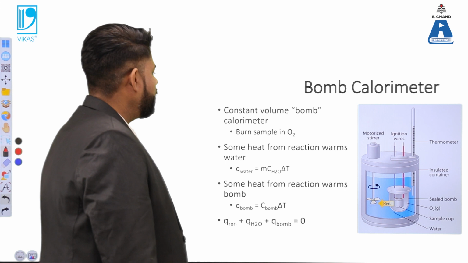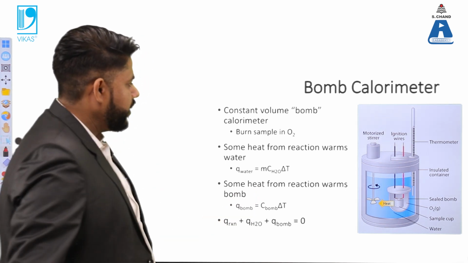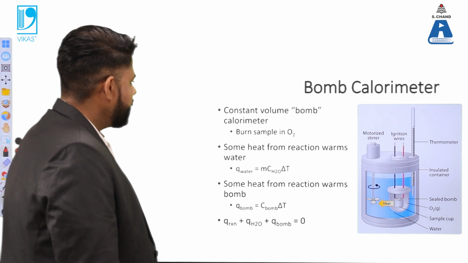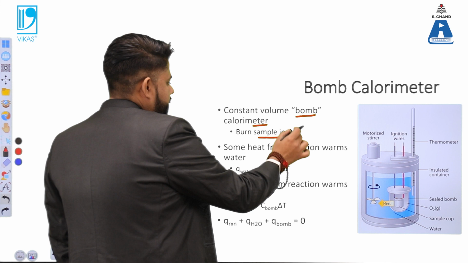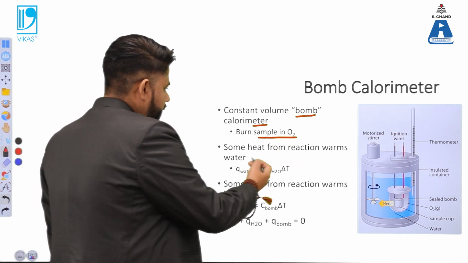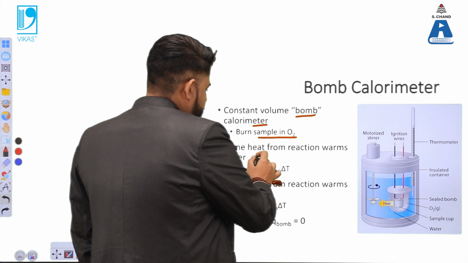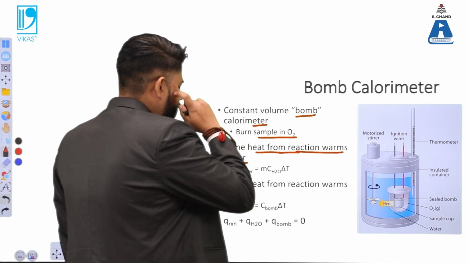So there is one instrument which is called a bomb calorimeter, that is specifically shown here, and a constant volume bomb calorimeter is basically there, that burns a sample in oxygen, and herein we generally get some heat from the reaction that warms the water.